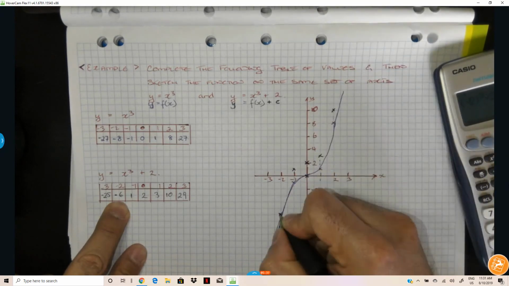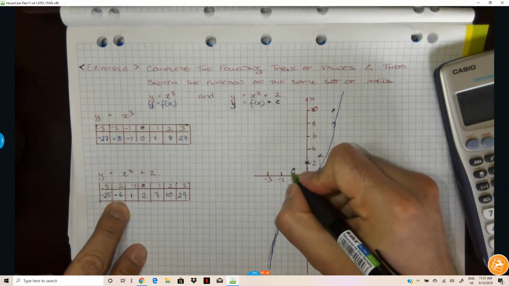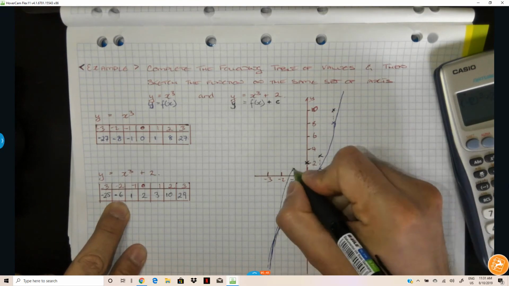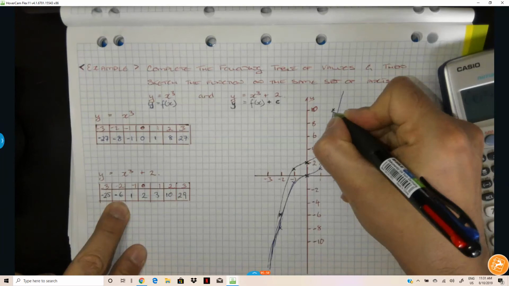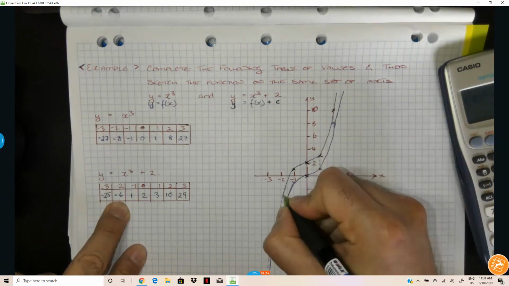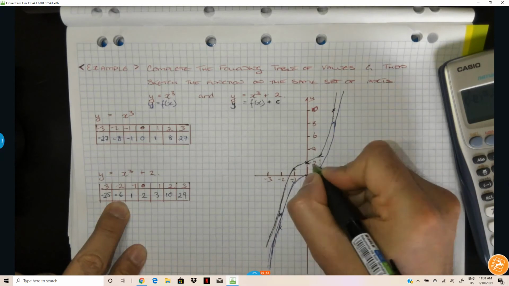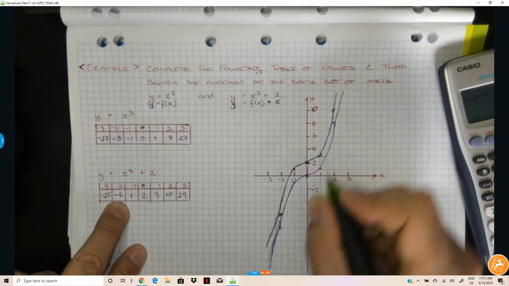What occurs is we get the same function, however, it's translated up the y-axis by 2 units.